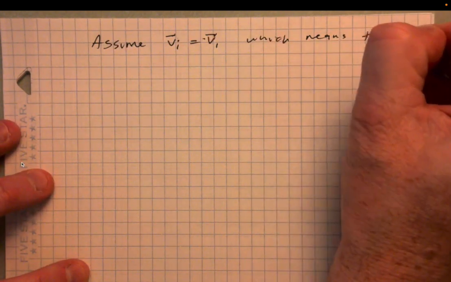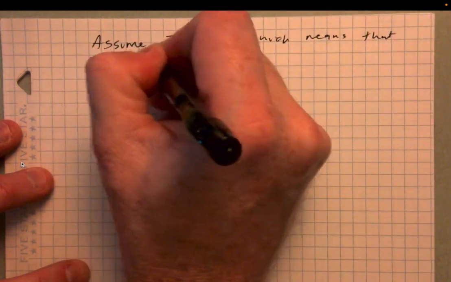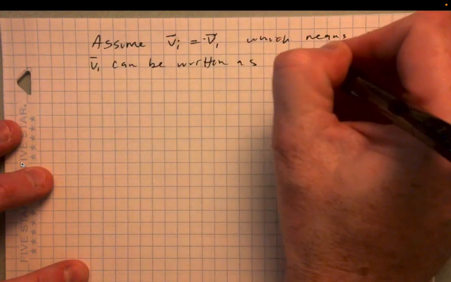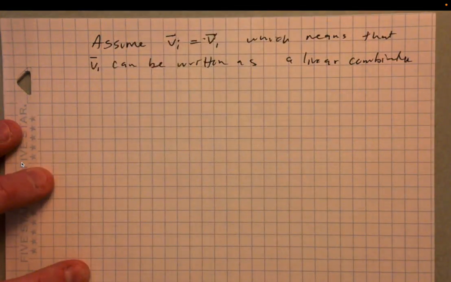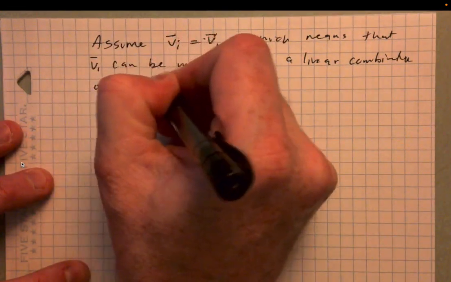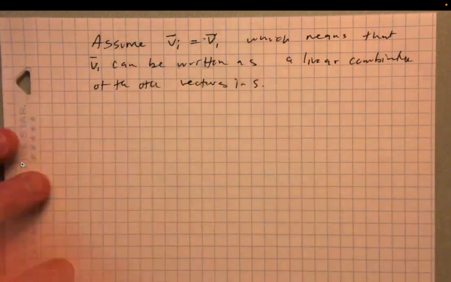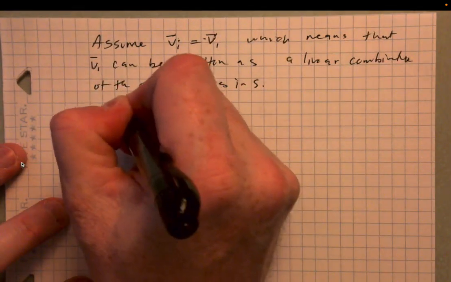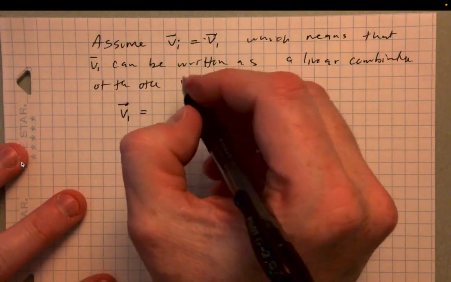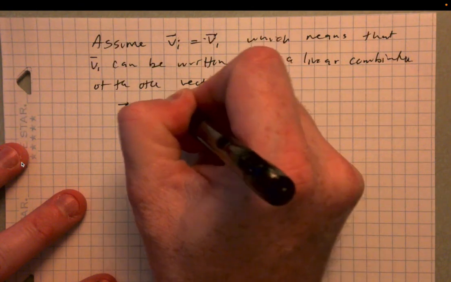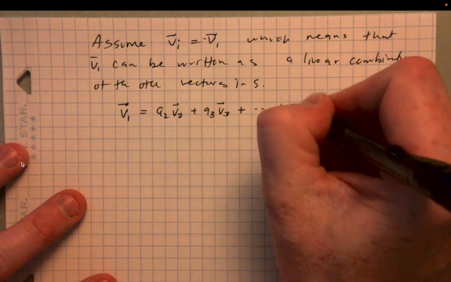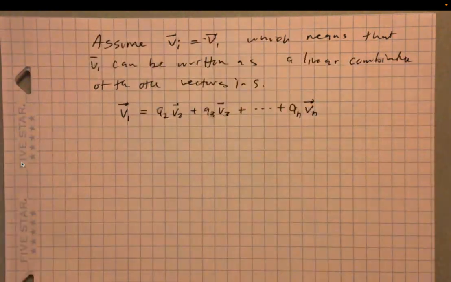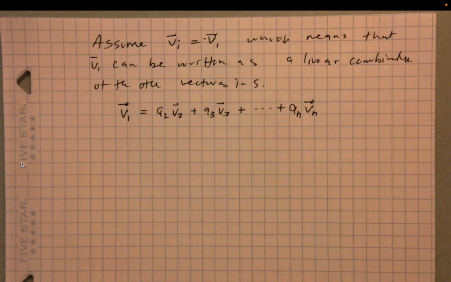It means that v1 can be written as a linear combo of the other n minus 1 vectors in S. Specifically, v1 is going to be equal to a2 v2 plus a3 v3, however many there happen to be, plus dot dot dot, plus an vn. v1 is the one that can be written as a linear combination of the others, so this is true.